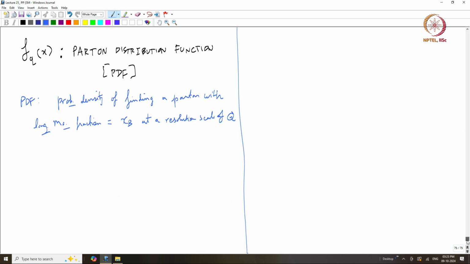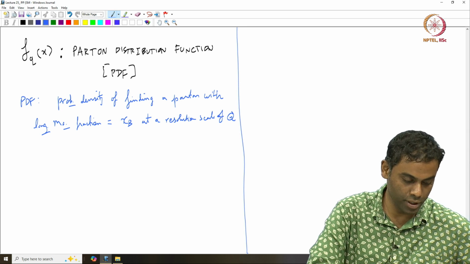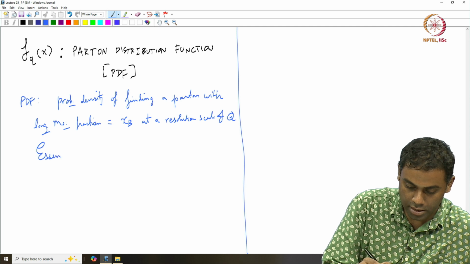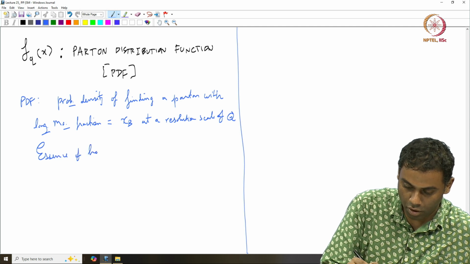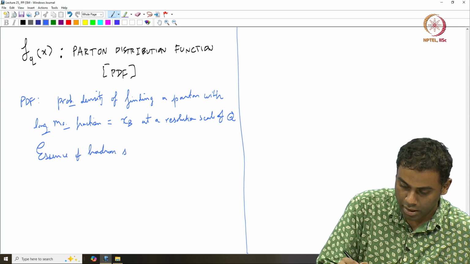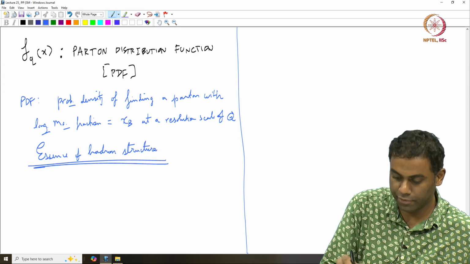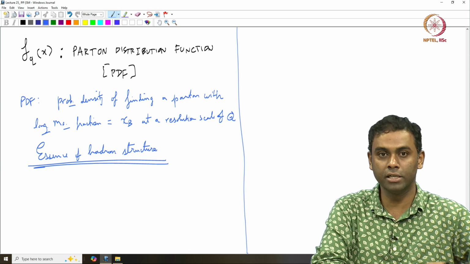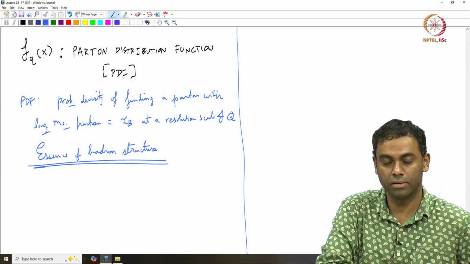Now this quantity is something that you can actually measure using data in your colliders. This is really the essence of hadron structure. If you get PDFs from various experiments, that literally tells you what is the structure of the hadrons.